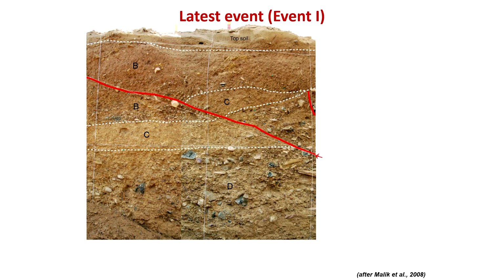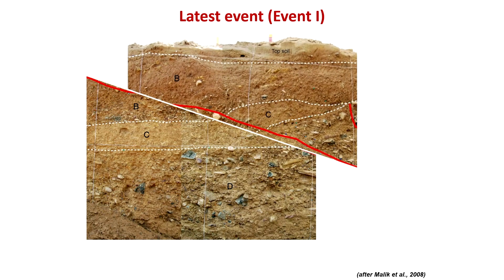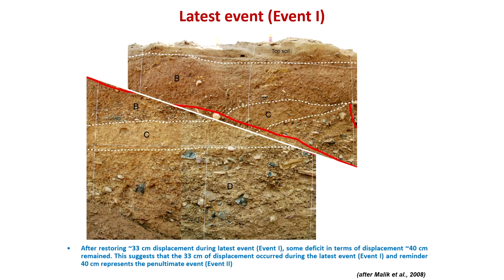For the latest event, we are trying to match the boundaries of C. So, we displaced that and matched that. That gave us 33 centimeters which has been pulled back, because we measured 33 centimeters and pulled that much back. But still 40 centimeters has been left out, because the total displacement of unit D was 73 centimeters.